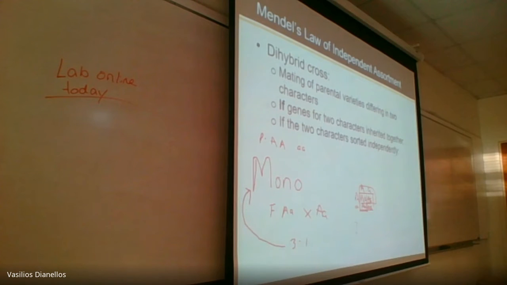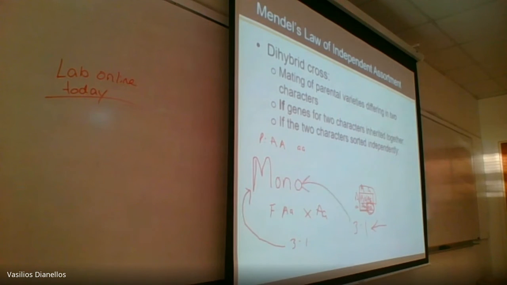So 3 of the 4 will have a dominant phenotype, and this one, the homozygous recessive, will have the recessive phenotype. All this to say, to remind you from Monday, when you see a 3-to-1 ratio on the exam, you should associate that with a monohybrid cross.